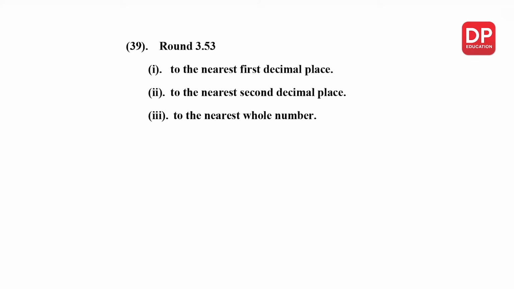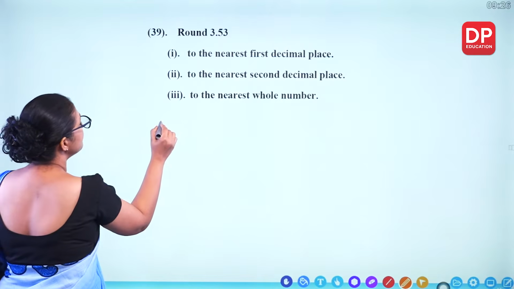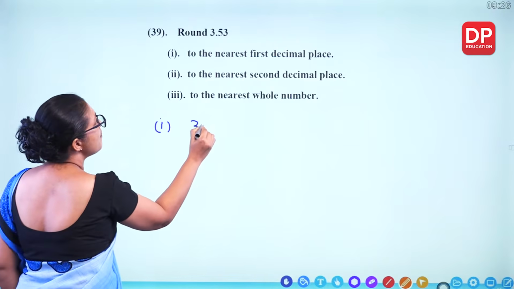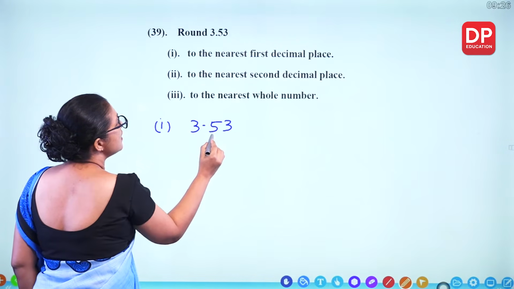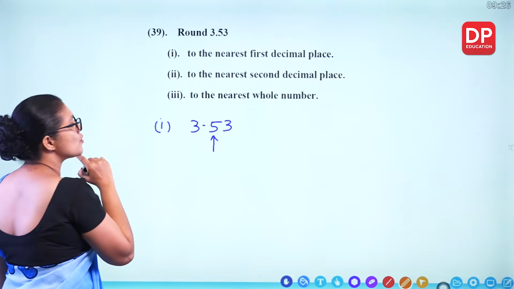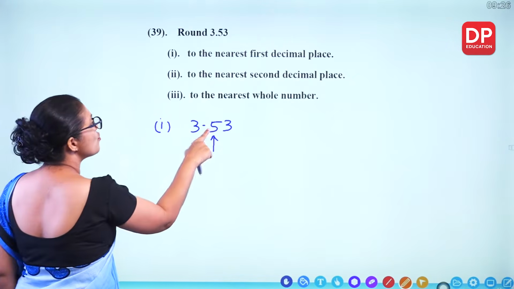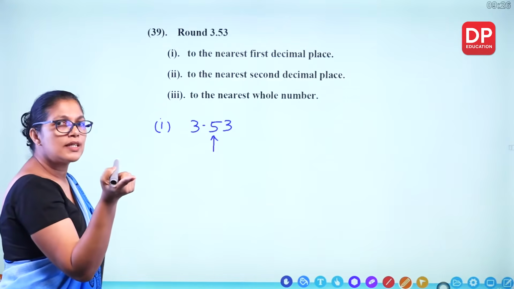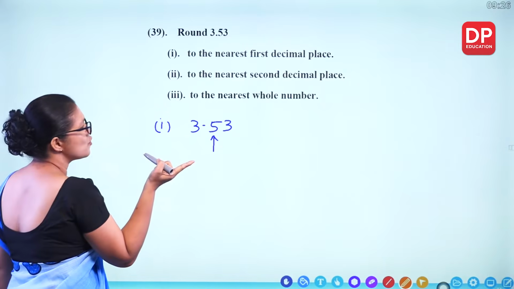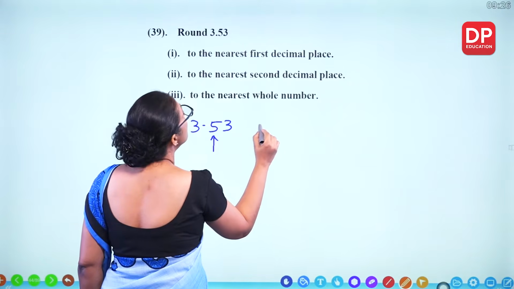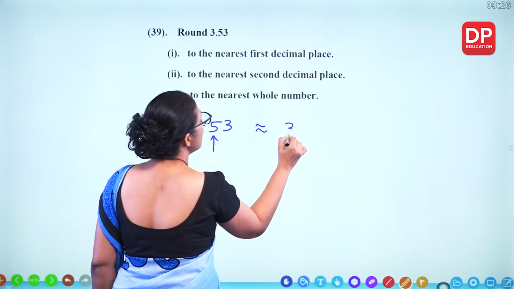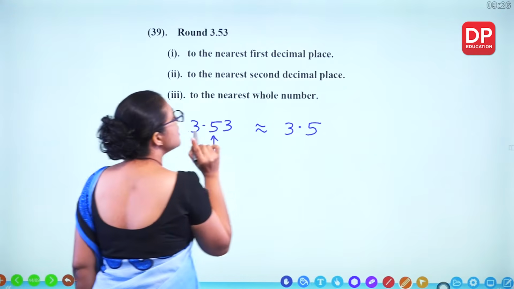Round 3.53 to the nearest first decimal place. 3.53. Nearest first decimal place. So this is the place you want to round. What's the next digit? Less than 5. So we don't add. So you can write 3.5 is the answer.